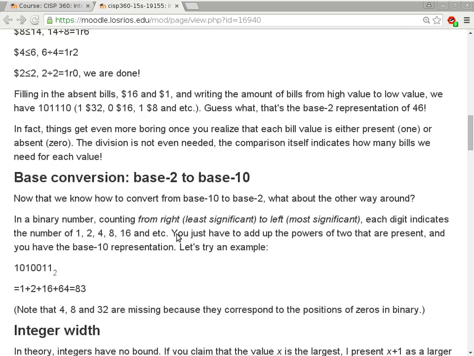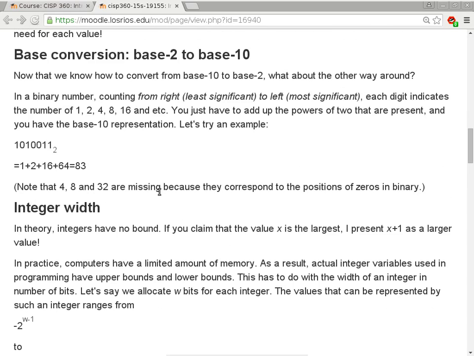Okay. We also talked about base conversion from base 2 to base 10. The trick is every digit in a binary number is essentially telling you how many of each power of 2 we have in the value that we want to represent. The rightmost one is the least significant bit. It's always going to tell you how many 1s we have. The next one tells you how many 2s, then how many 4s, how many 8s, 16s, 32s, 64s, and so on.